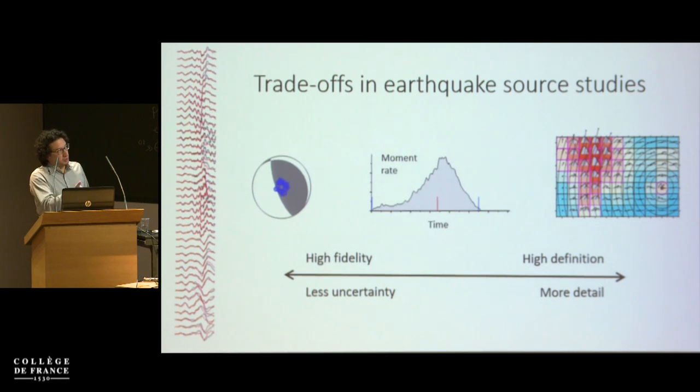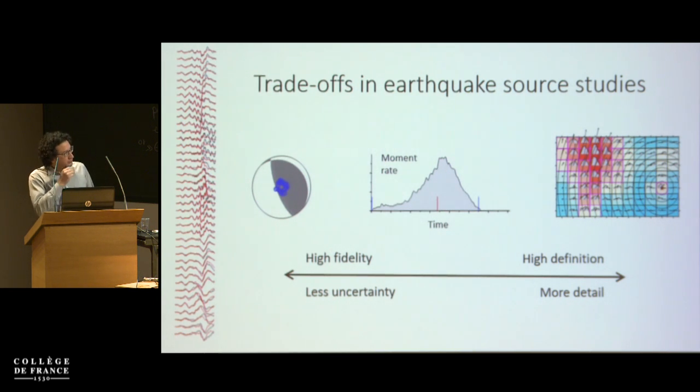Now, on the right, we have finite source inversions, where the aim is to infer the spatiotemporal distribution of the slip velocity on the fault during the earthquake. On the left, we have just a point source representation, where we try just to come up with the moment and the moment tensor orientation.